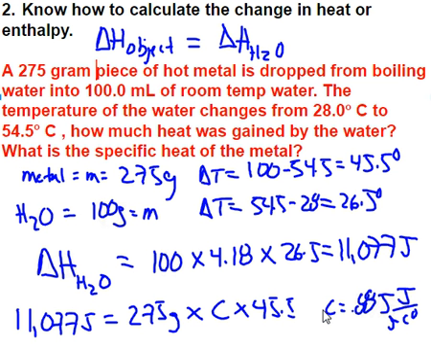If I wanted to know how many kilojoules per gram the heat loss was for the metal, I could change 11,077 to kilojoules and divide by the 275 grams. There's various things you can do from off of these problems. Finding the heat loss per gram. And again, another common mistake.